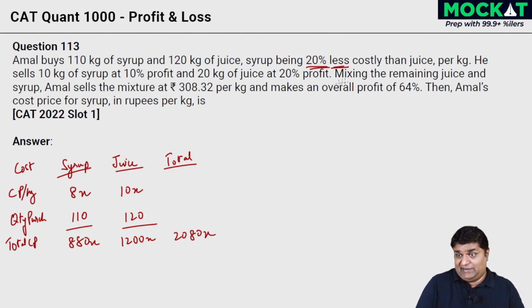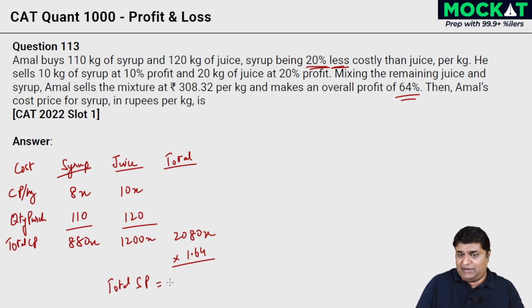Now, this is a little non-linear in the sense that it's not in a continuous format. We're told that the overall profit is 64%. So 2080x was the cost price. On this, 64% profit. So multiply with 1.64, the multiplication factor, and you're going to get the total SP, right?